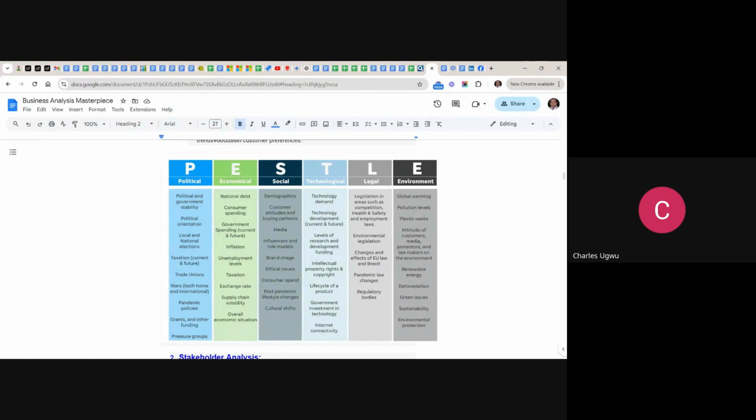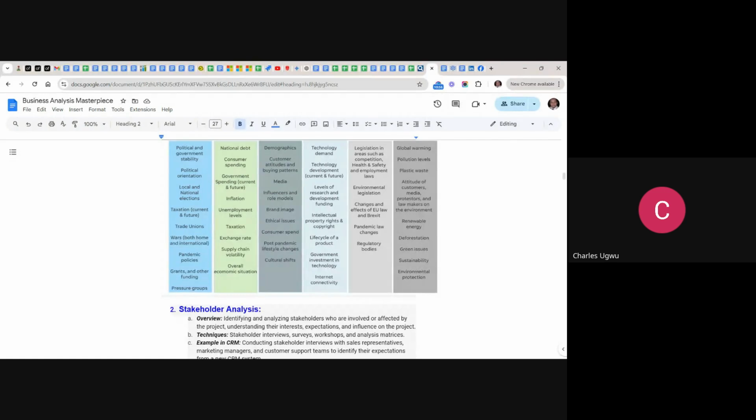The second thing we need to look at is stakeholder analysis. But because of time, if I start on stakeholder analysis, it's going to take us like another 1 hour, and there are some topics I don't like treating shabbily. Because of that, we are not going to dive into stakeholder analysis.